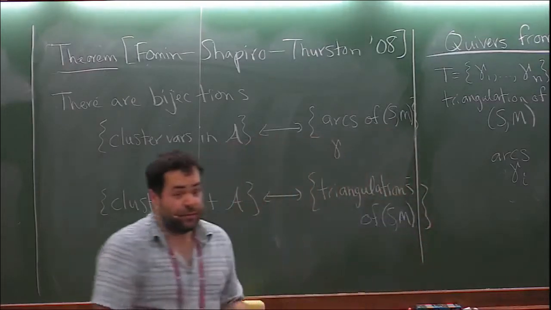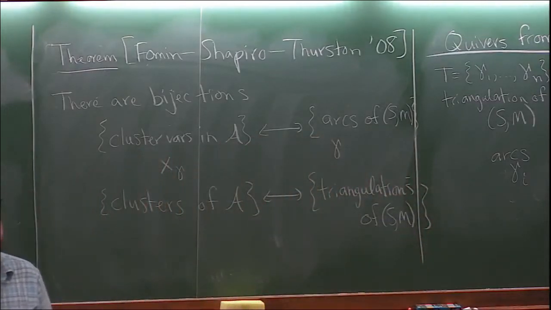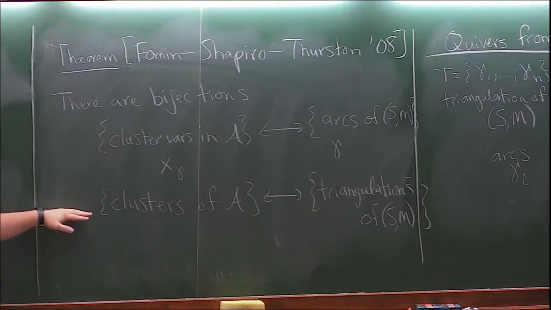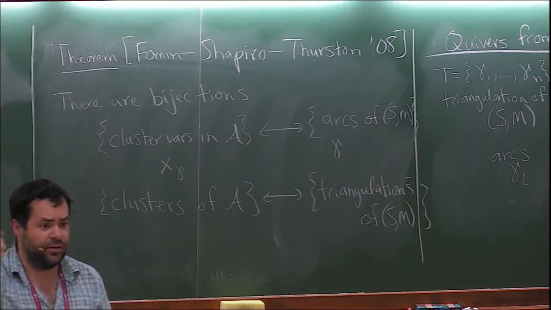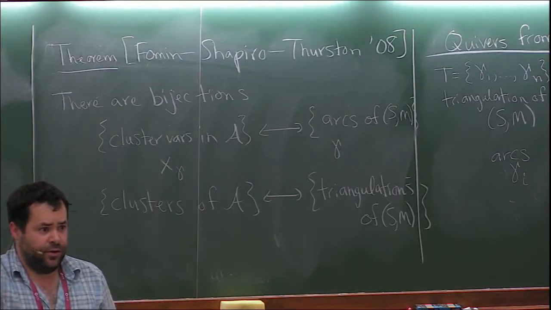So this picture I drew for the polygon is really the example you should keep in mind in all this, but I've given you more. And the last thing I want to say is that mutation of these quivers corresponds to flipping arcs.